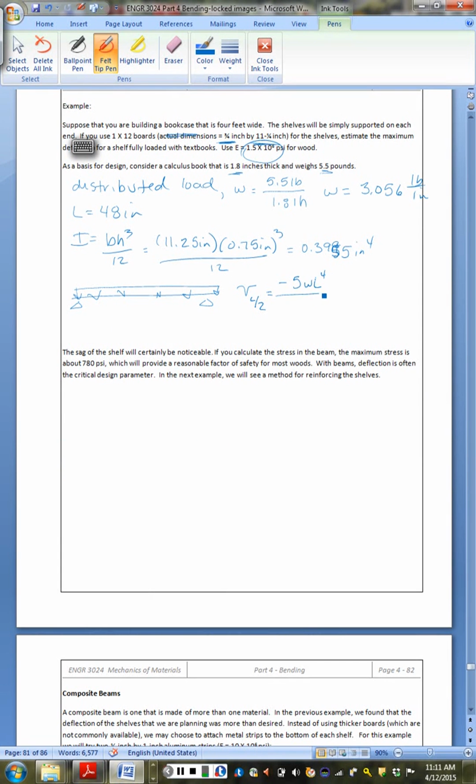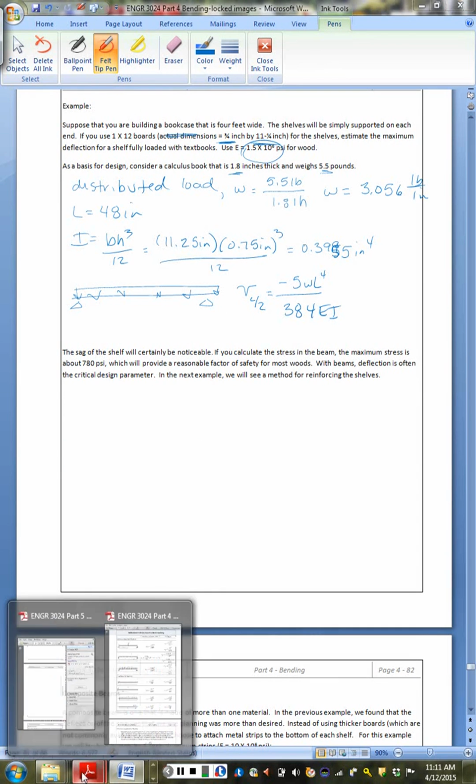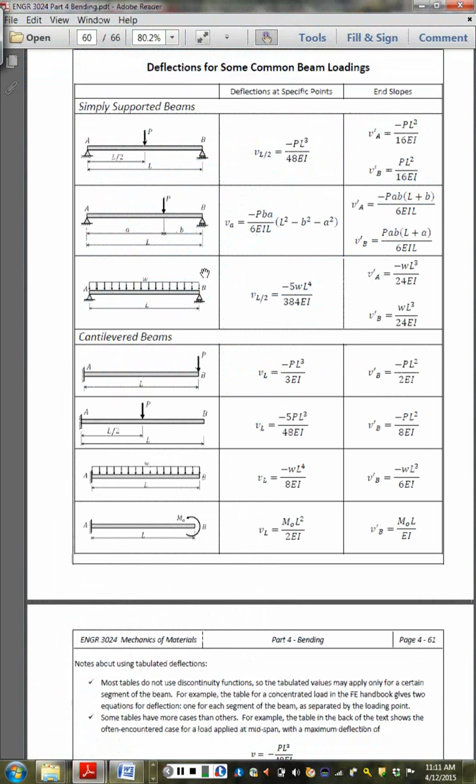That's another important piece of this. When you're using the deflection equations, remember that these give you deflection for a particular location. For a simply supported beam, that maximum deflection, if the loading is symmetric, is going to be at L over 2 in the middle of the beam. If the loading is not symmetric, as in this case right here, it tells you where it's giving you this max deflection.